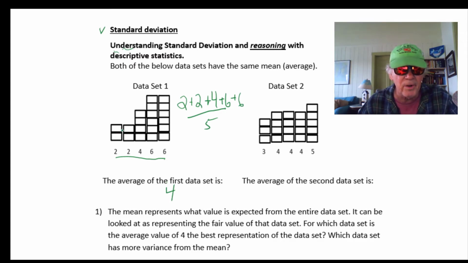And these are just showing these are sort of visual representation of the data set. Over here, it's pretty simple to find, right? Because this is 1 below 4, that's 1 above 4. They kind of cancel, so the average is 4. So both these data sets, data set 1 and data set 2, have an average of 4.